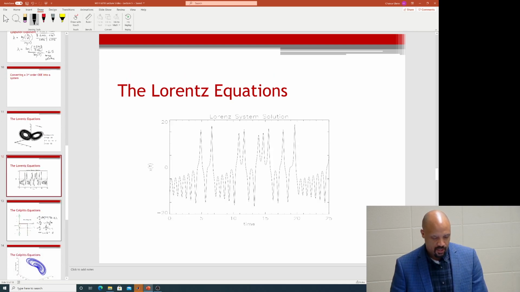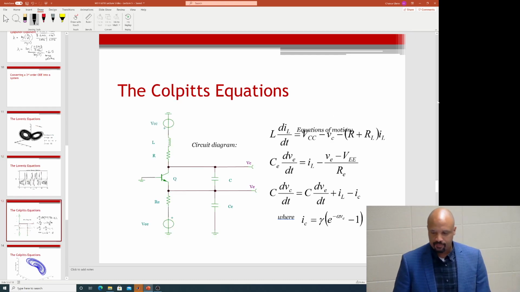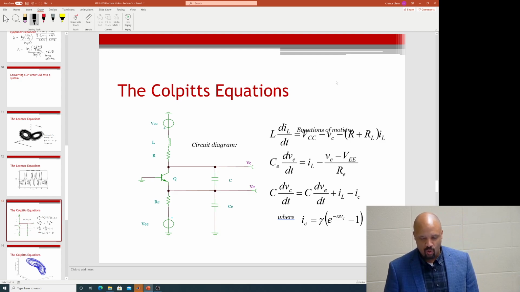Here's one that is an electrical circuit. And these equations, again, of motion tell you what's happening within each component, a part of this circuit. The voltage with respect to time across this capacitor, the voltage with respect to time across the emitter, this is across the collector, I should say, the collector of this transistor.